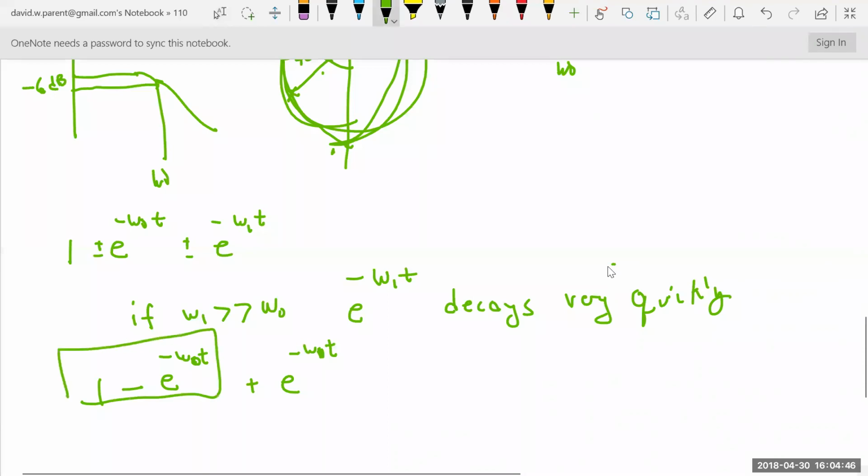And so that's why, when I say if one of these is a lot bigger than the other, it can appear like a first order, because this could decay so quickly, right? So what if tau 1 is so much smaller than tau 0?